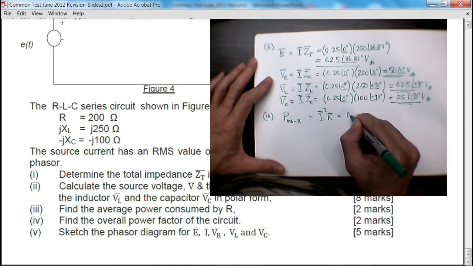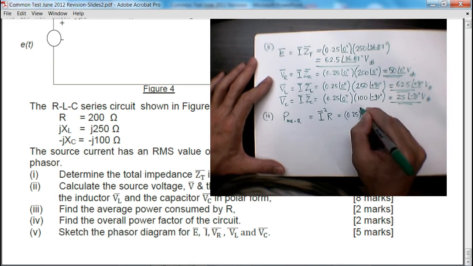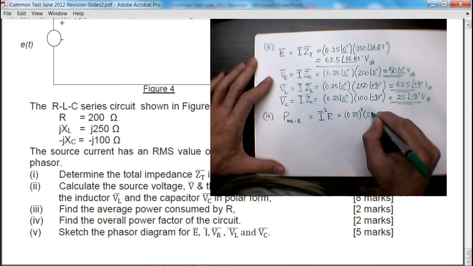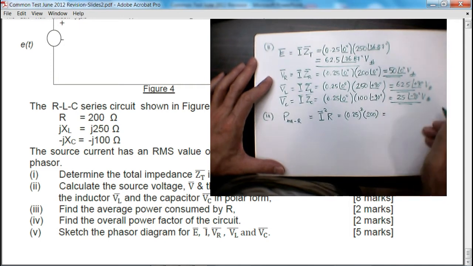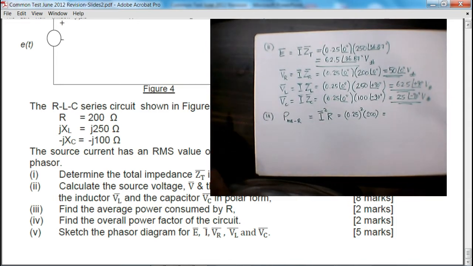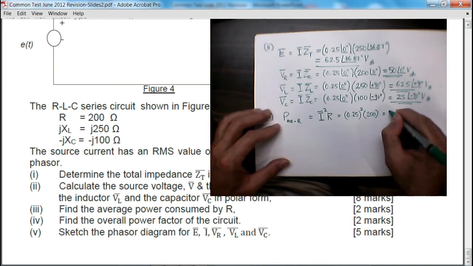In this case, 0.25 squared times the resistance, 200. It gives us 0.0625 times 200, which is 12.5 watts.